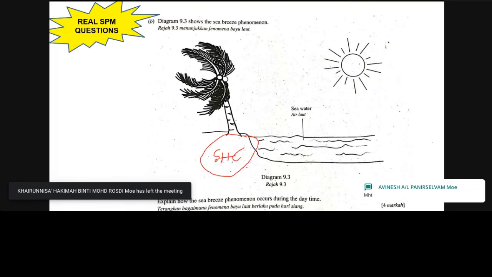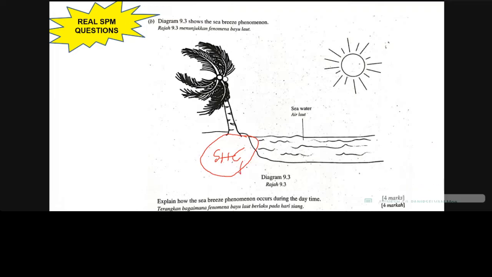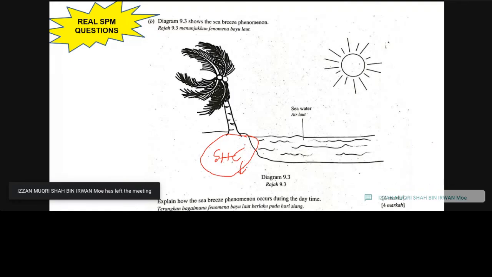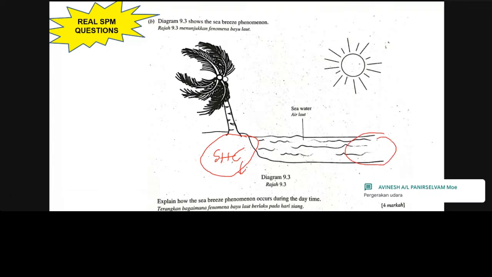Muatan haba tentu darat ataupun pasir lebih rendah. Yes, bila lebih rendah, apa jadi? Akan cepat panas. Lepas tu you cakap pasal muatan haba tentu air laut. So muatan haba tentu air laut, specific heat capacity air laut is high. Maka dia lambat panas. Okay, kita dah dapat 2 points. 2 markah.